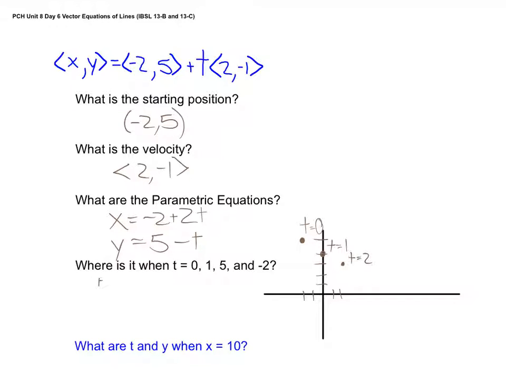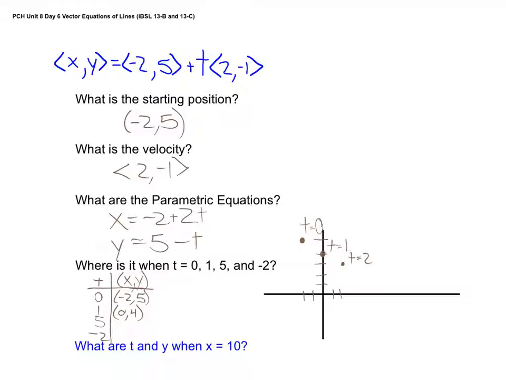We already know the starting point is when t is 0, and we already found when t is 1, that's the point (0, 4). We found that just by sketching.